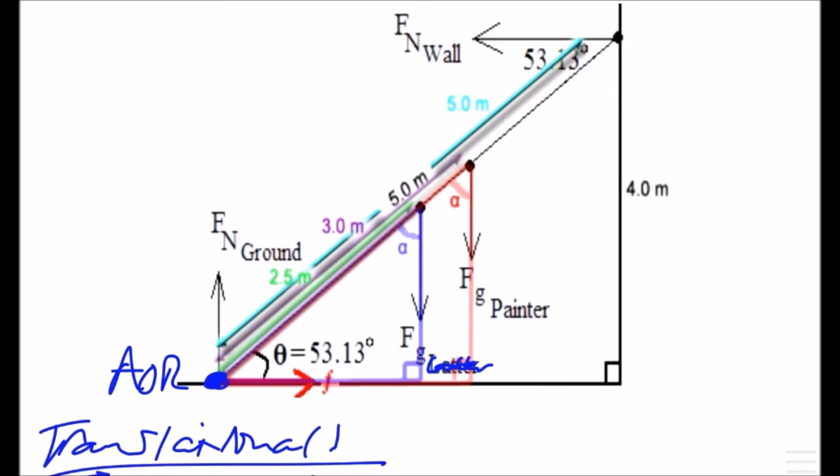So, what do you think? Yeah, okay. So Adam says that this force of gravity on the ladder is going to provide one of our torques. Okay, the force of gravity due to the painter is going to cause another torque. What else?